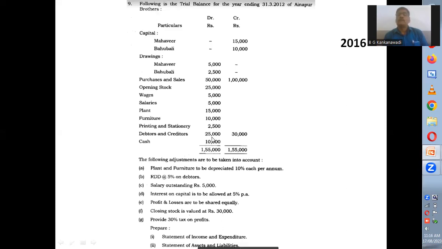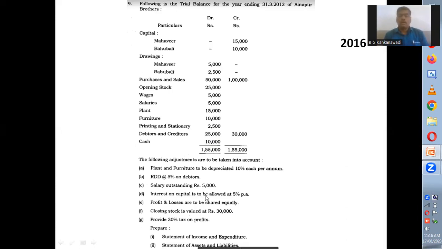You take 1,250 in the income and expenditure account under the head other expenses, and you deduct the RDD from debtors in the balance sheet. Then salary outstanding 5,000. You add it to the salary under the head personnel expense in your income and expenditure statement.